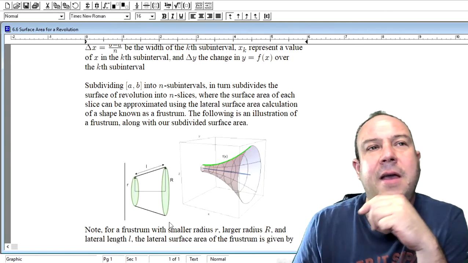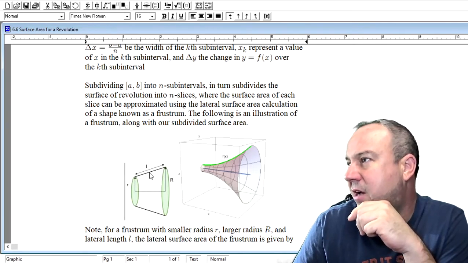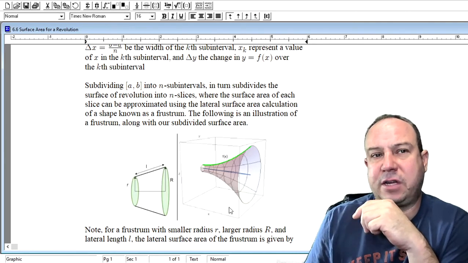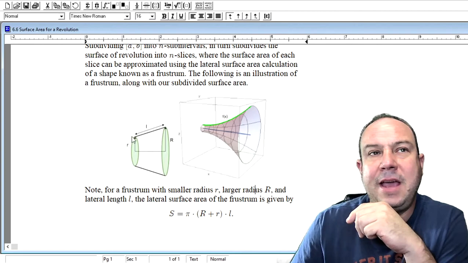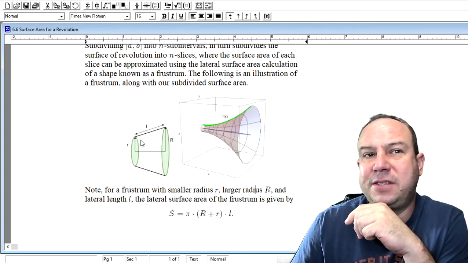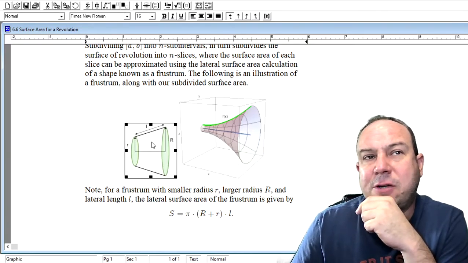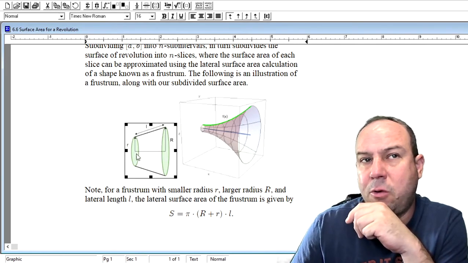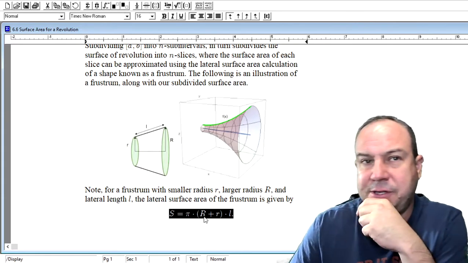And we do have a formula for calculating the surface area of a frustum. To calculate the surface area of a frustum with a smaller radius of little r and a larger radius of big R, and a lateral surface length given by little l, the actual surface area formed by revolving that lateral length along this horizontal axis is going to be given by this calculation here.